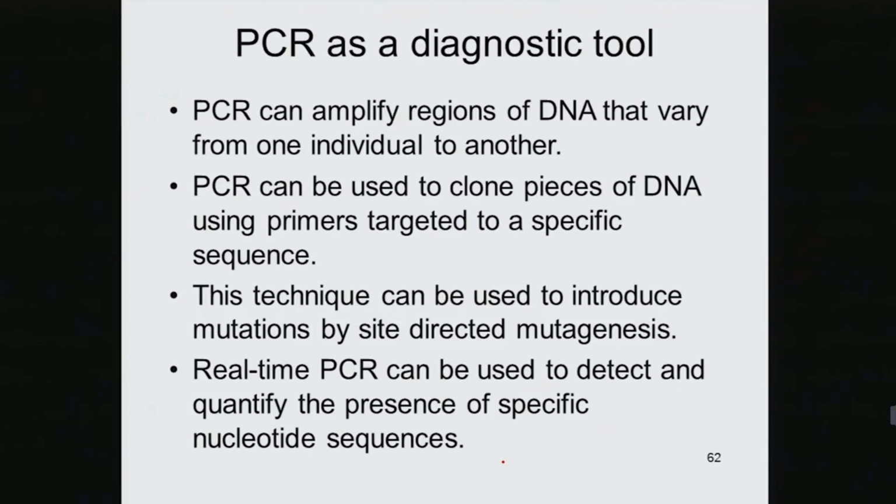And we can introduce mutations, so we can do mutagenesis. And we'll look at an example. And we can develop real-time PCR so that you're actually measuring in real time the amount of DNA that's being synthesized, hopefully to detect any specific sequences that might be there.